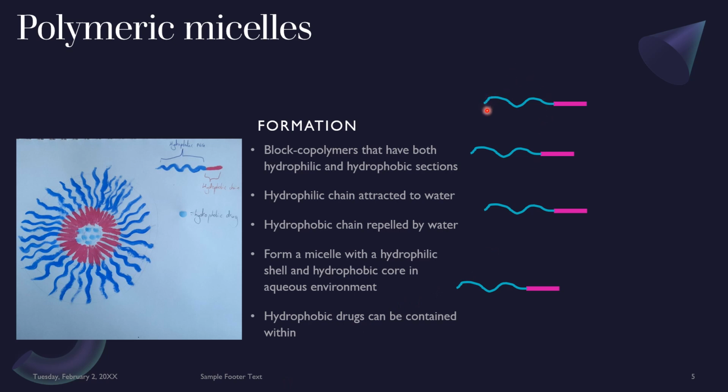Here is the hydrophilic chain, and this is the hydrophobic chain. As a result, a polymeric micelle with the hydrophilic chains as the shell and the hydrophobic chains pointing inwards is formed. Hydrophobic drugs can be held within this core.